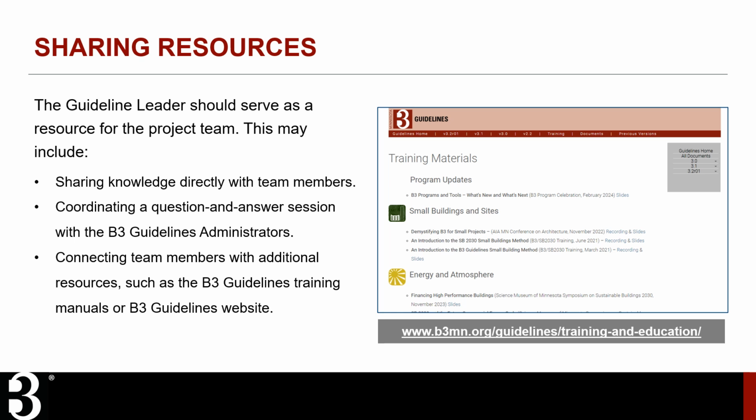The training and education page shown here is available on the B3 Guidelines website. It is also the responsibility of the guideline leader to maintain continuity within the project team. Guideline leaders should provide new team members or team members transitioning into a new role with context, as well as update team member roles within the B3 Guidelines tracking tool.